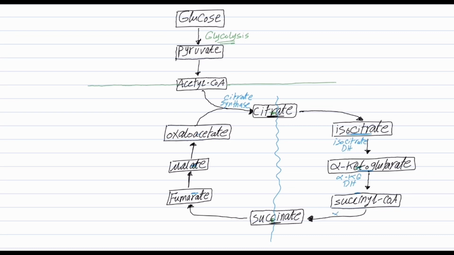This enzyme name is not important, but remember that it gives us something very important, which is GTP. Here we have succinate, so this enzyme is gonna be succinate dehydrogenase, and this enzyme is very unique, and I'll tell you why later. And here we have fumarate, not fumarate dehydrogenase, I don't know why. And here we have malate dehydrogenase, then oxaloacetate, then citrate again. And congrats, you just figured out the whole thing.